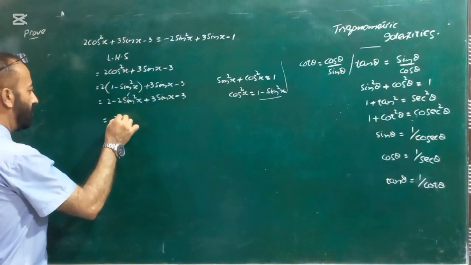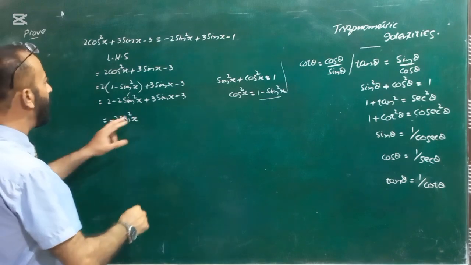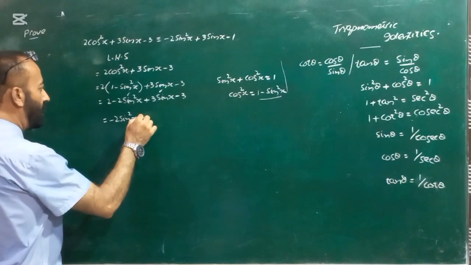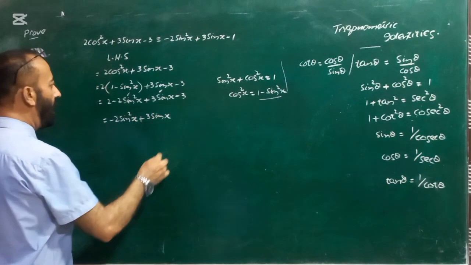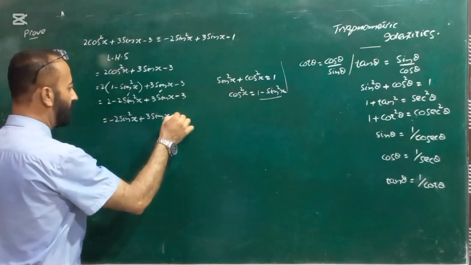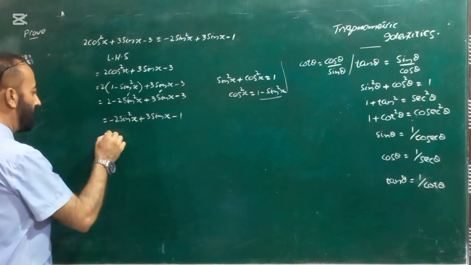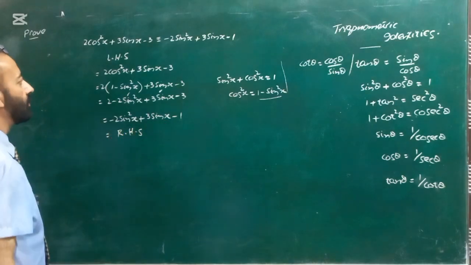Then we need 3 sine x, so this value will be written after it, plus 3 sine x, and after that 2 minus 3 will be equal to minus 1. So look now, the left hand side has been proved equal to the right hand side.